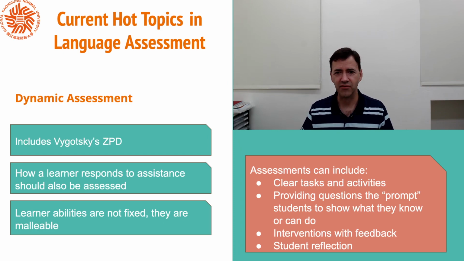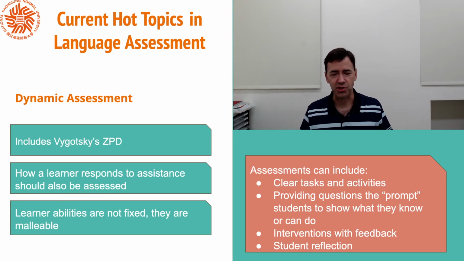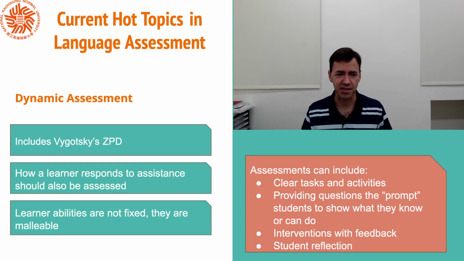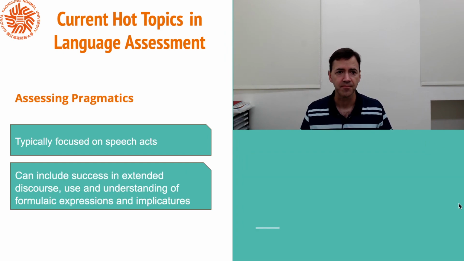Can you give them another task, another activity? Can you give them some feedback? Ask them to do some reflection. So actually, in this way, what you're doing is scaffolding the student's ability or knowledge while they're being assessed. Now, this is something that I haven't done a lot of in the past, but it's a very interesting topic and something that we can look at this semester.